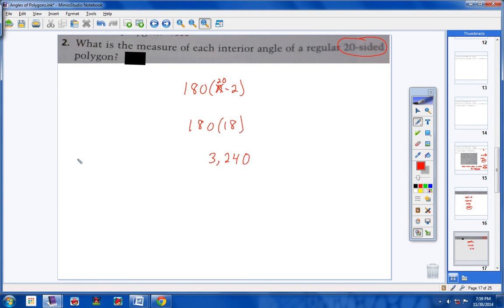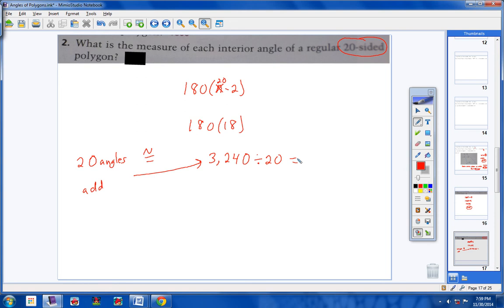Now guys, think about it. If I take all 20 angles and add them together, what do I get? Well, if all 20 angles are congruent, and they are, because I have a regular polygon, then I just take this and divide it by 20, and I'll have one of the angles.